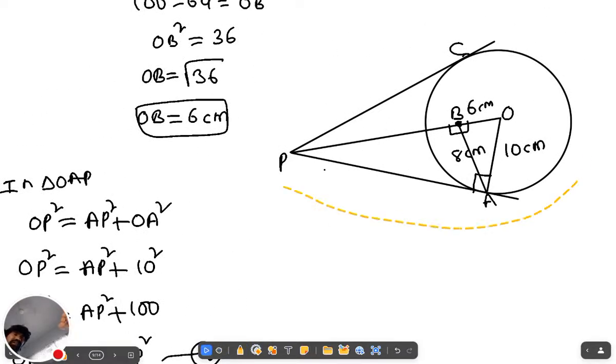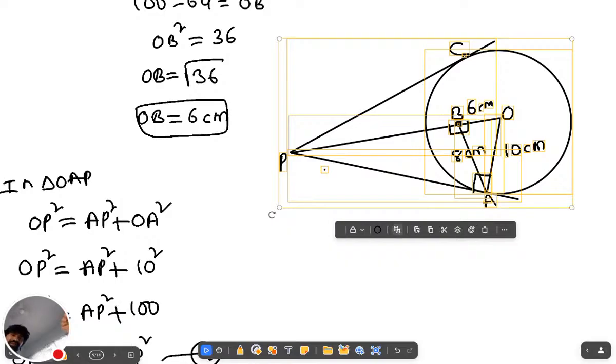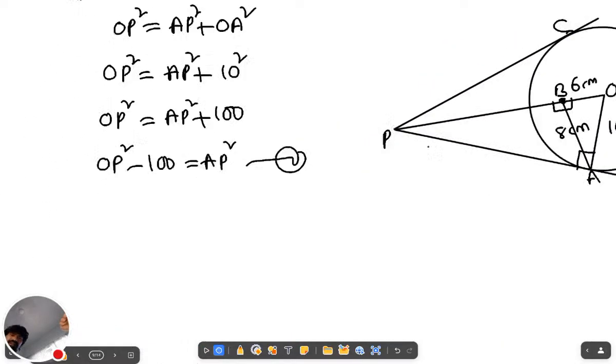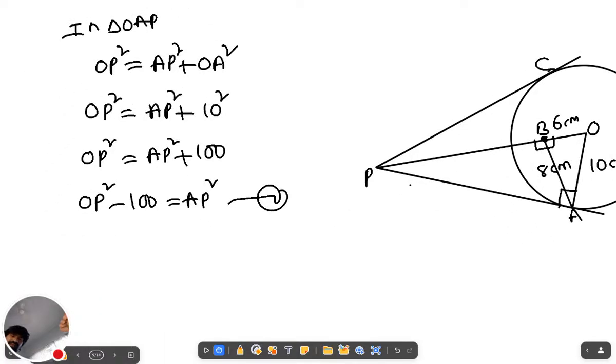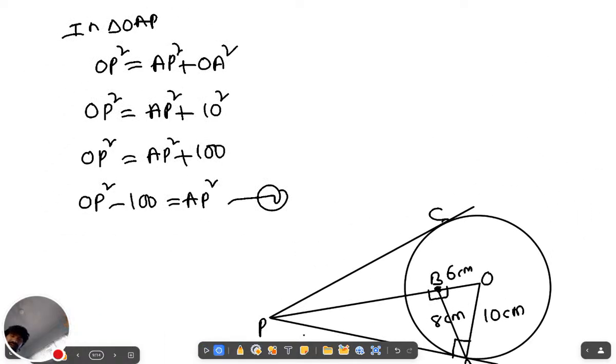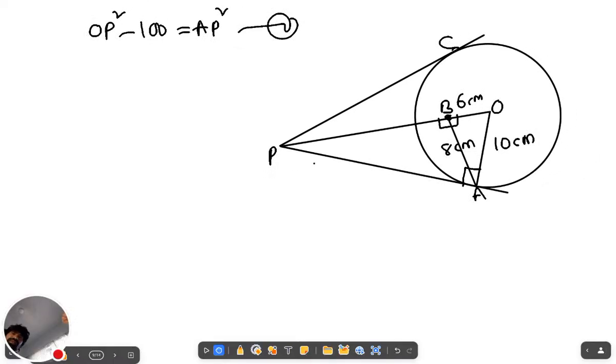Again, let us consider the triangle ABP, this triangle. The angle at B is 90 degrees, so AP will be the hypotenuse.